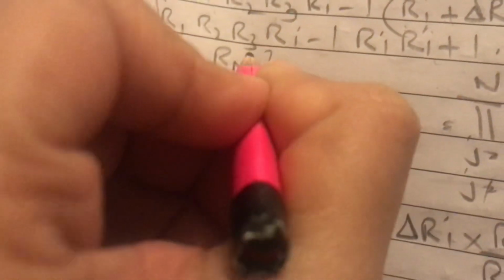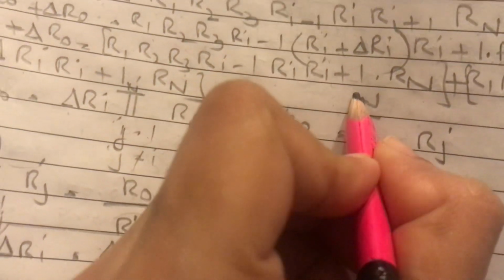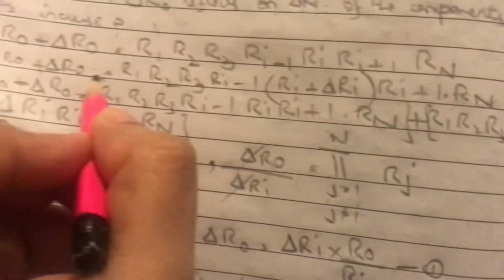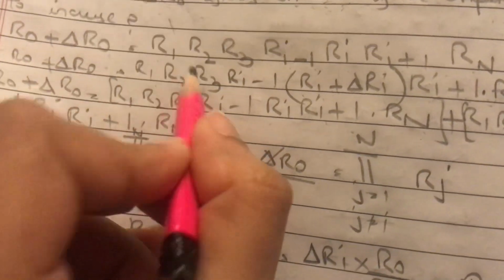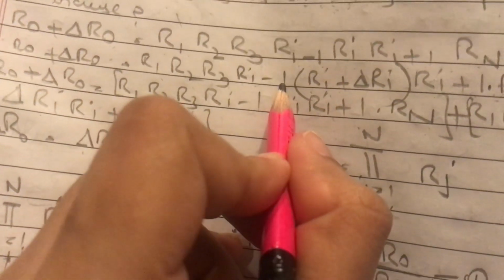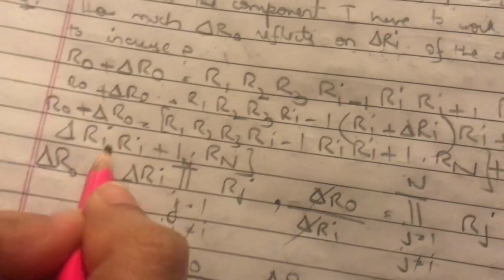By simple multiplication, we get R1, R2, R3, Ri minus 1, and this Ri multiplies with the whole term first, with the first part Ri and Ri plus 1 up to Rn, and the other plus sign here, and the rest we write as R1, R2, R3, Ri minus 1, and delta Ri.